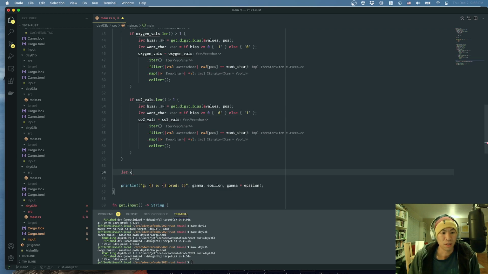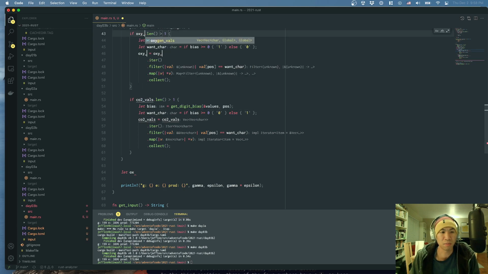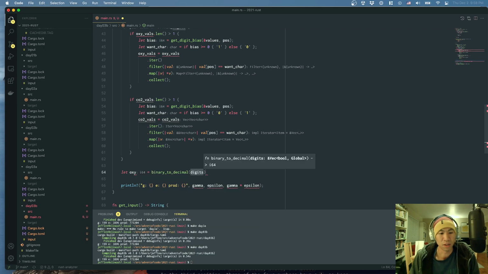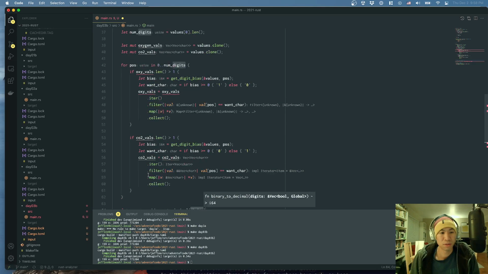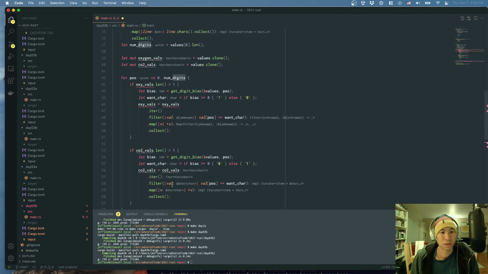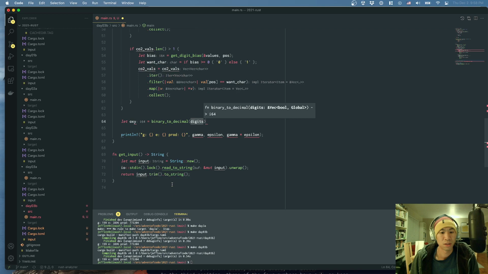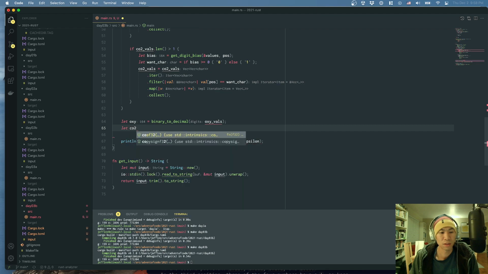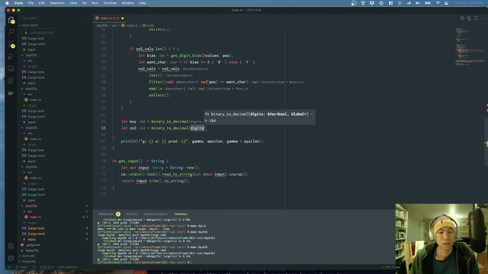Then we say let oxy, let's just call this oxyvals. It's easier to type and it matches the same number of characters as CO2 vals. Let's say let oxy equals binary to decimal of CO2 vals.